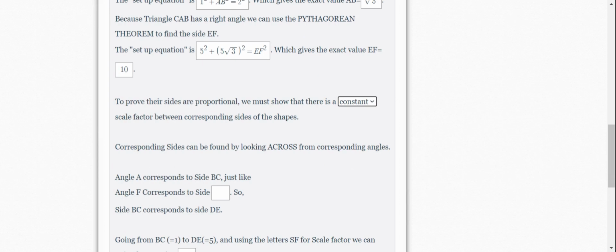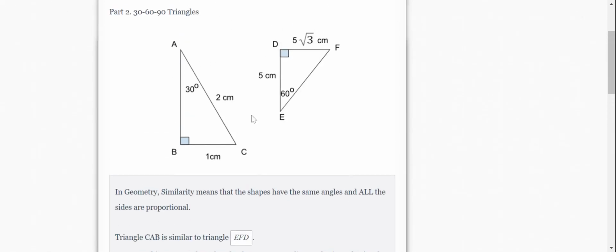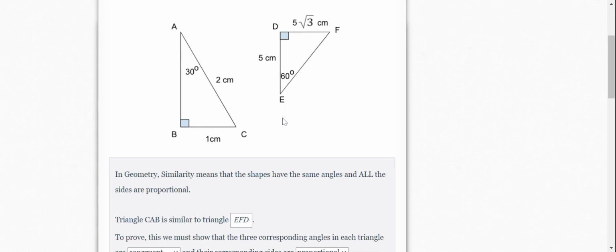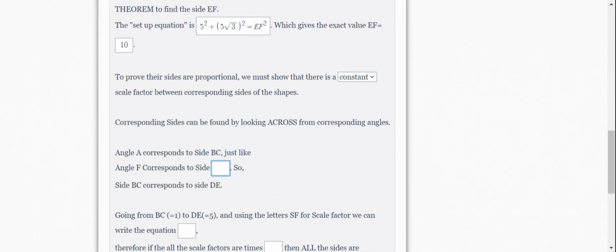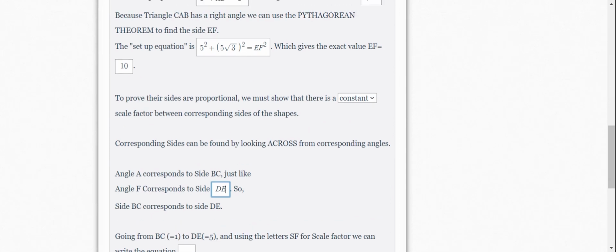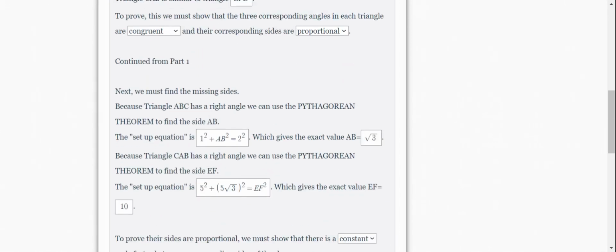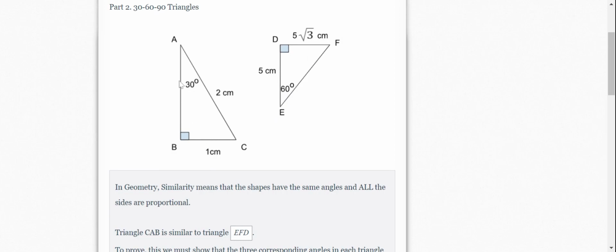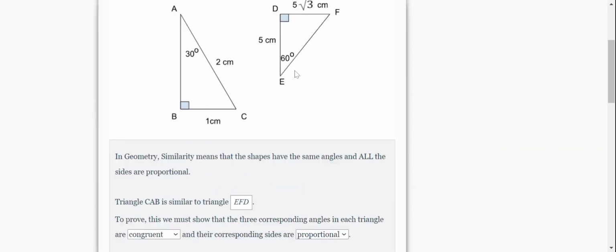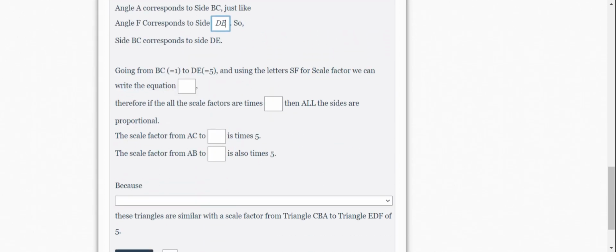Angle A corresponds to side BC, just like angle F corresponds to DE. And side BC corresponds to side DE. Right here, angle A is 30 and F is 30, so they're both pointing at the same side. That means we can find the scale factor there.